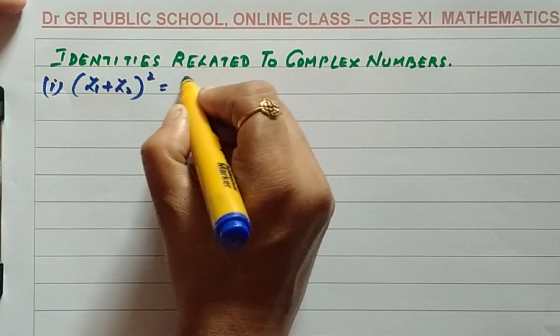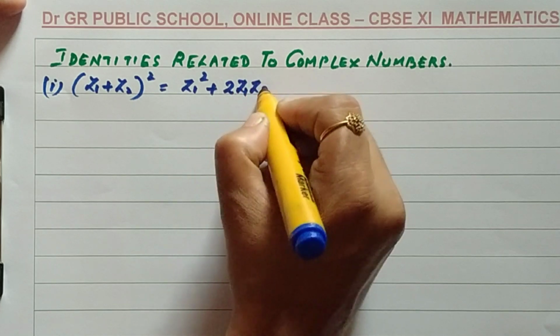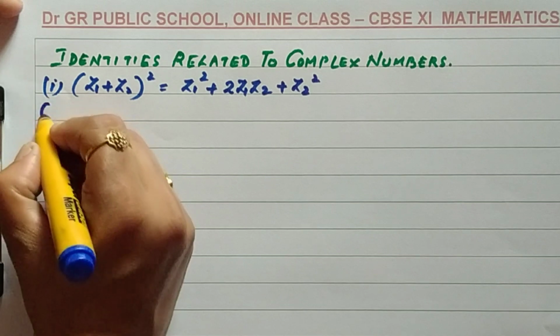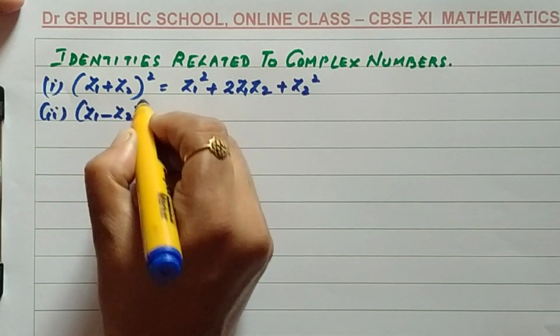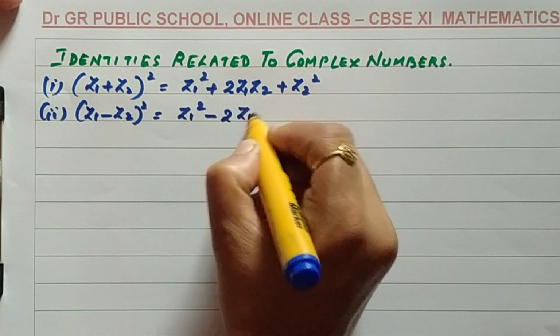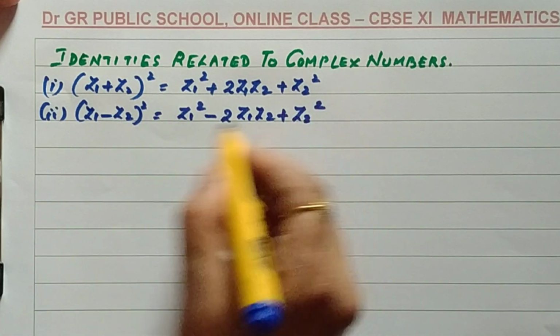You can apply the identity as z1 square plus 2 z1 into z2 plus z2 square, just like a plus b the whole square. Second identity is z1 minus z2 the whole square equals z1 square minus 2 z1 z2 plus z2 square, a minus b the whole square.